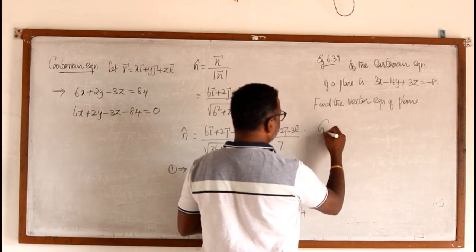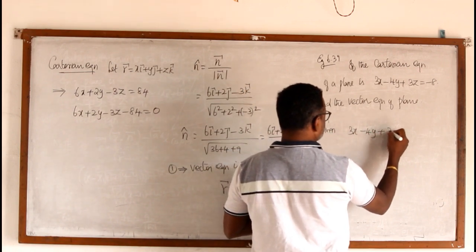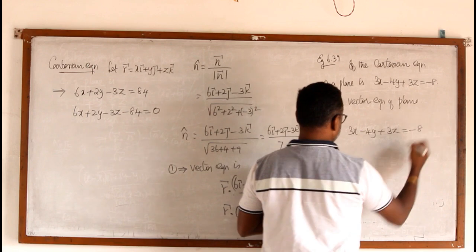Now, given 3x minus 4y plus 3z equal to minus 8.